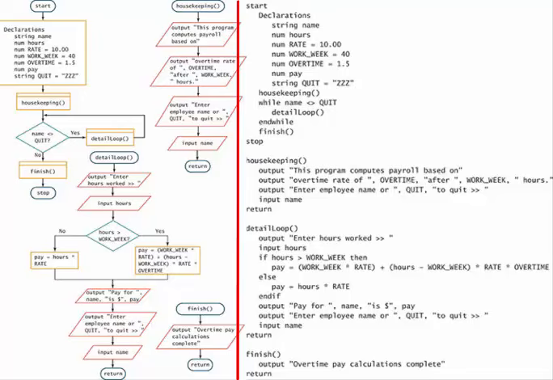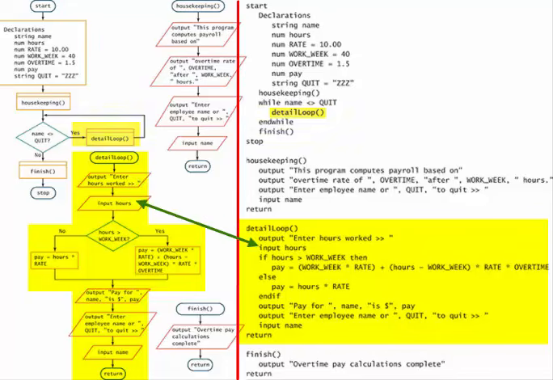Now when we call our housekeeping module, it goes to below our main program, which is between our start and stop, and you'll see our housekeeping holds our 3 outputs as well as our input name, which is our priming read, and then we have return, which returns us back to the main program. Our detailed loop module, it's the same, it holds our output, it holds our input for hours.